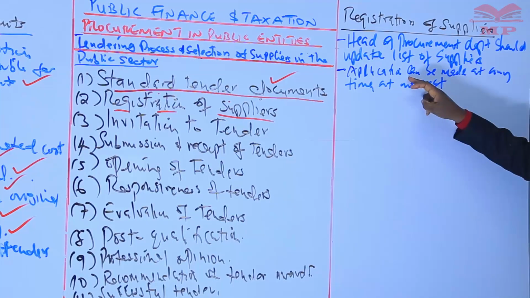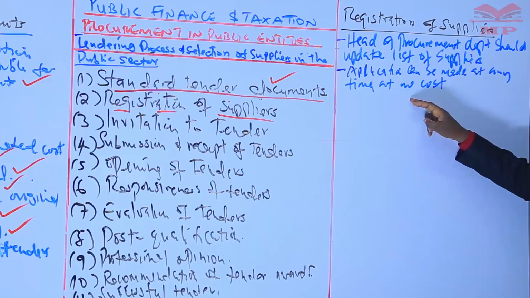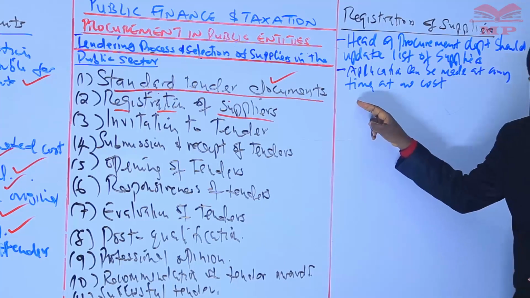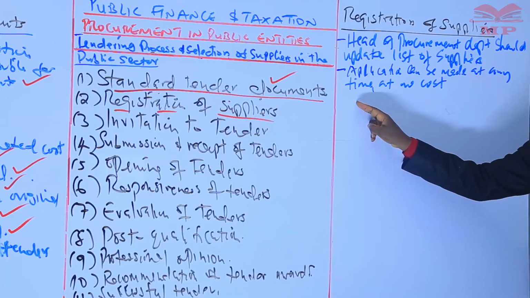When one is applying to be included as a supplier, that can be done at any time, at no cost. And that application must contain proof that the potential supplier is eligible.